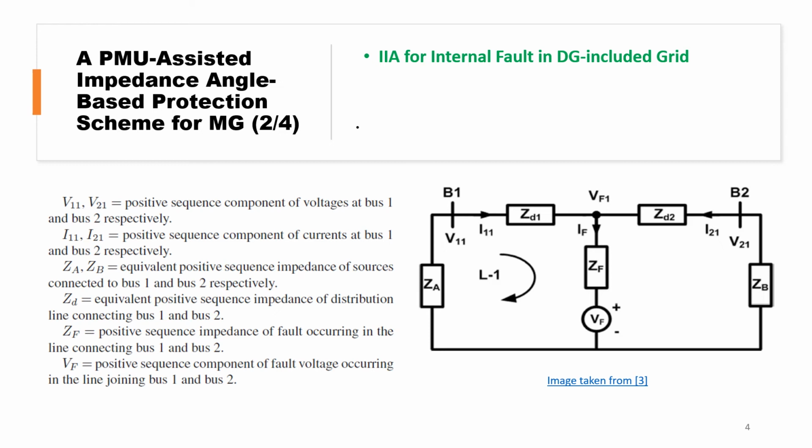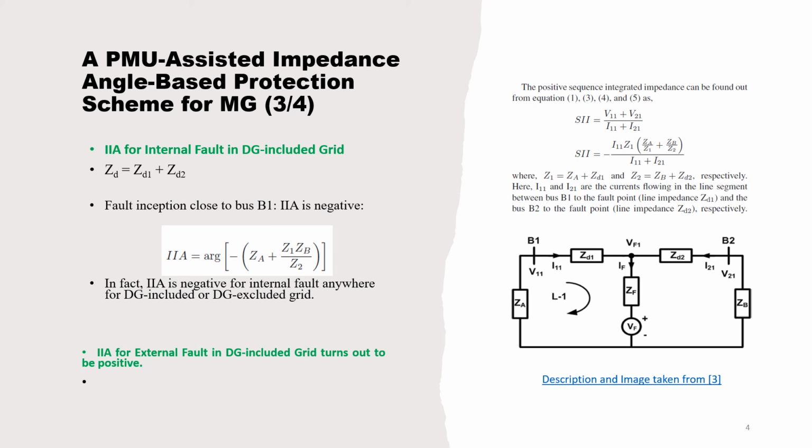V sub F is the positive sequence component of the fault voltage that occurs in this line joining bus B1 and B2. So we see its representation here. As I said earlier, the impedance is divided into two parts, ZD1 and ZD2.